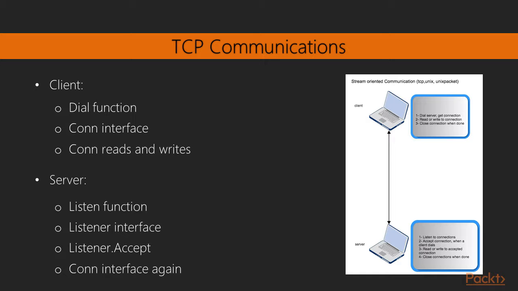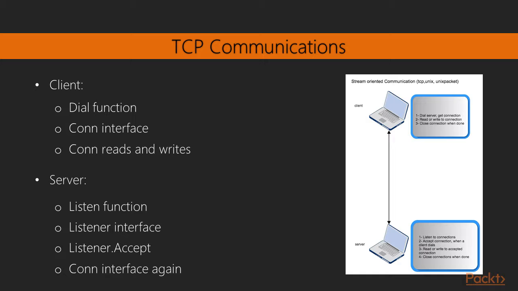So before we dive deep into the code, let's discuss the stages we go through to write a TCP client and a TCP server. For the TCP client, we start by calling the net.Dial function to establish a connection, which returns a Conn interface that implements both io.Reader and io.Writer, and in turn exposes us to all the popular read and write methods that are supported by many Go packages.